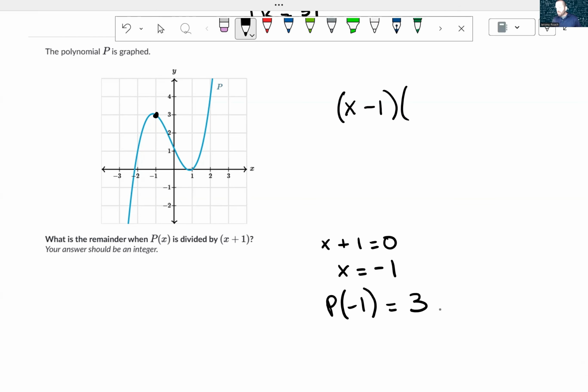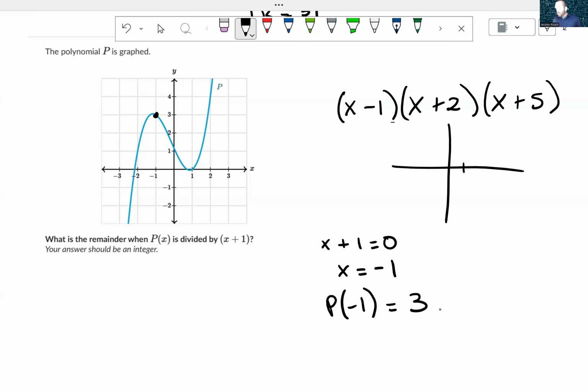like I'm just going to make something up here. If we had something like that in factored form, these would be the zeros of our polynomial. So our polynomial would cross at x equals 1, x equals -2, and x equals -5.